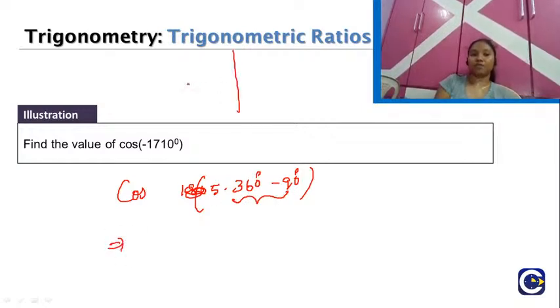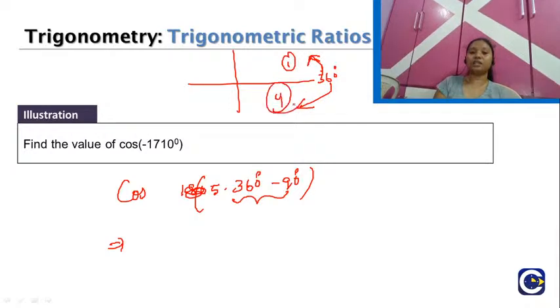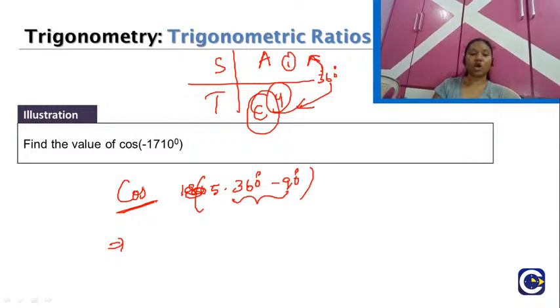It would be 360 plus theta in the first quadrant, but it is 360 minus, which means it lies in the fourth quadrant. For the fourth quadrant, our cos function is positive, remember all silver teacups. So the value will be positive.